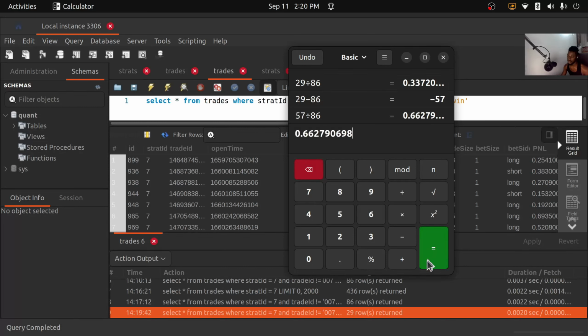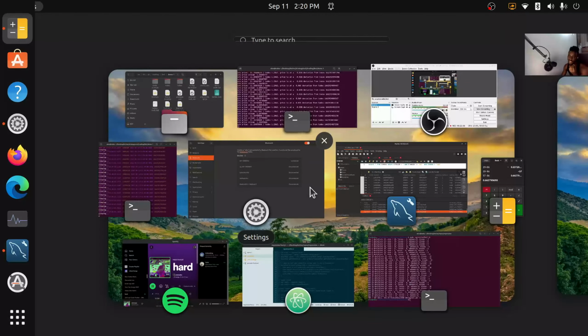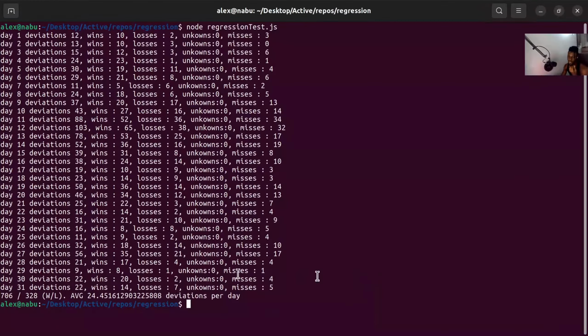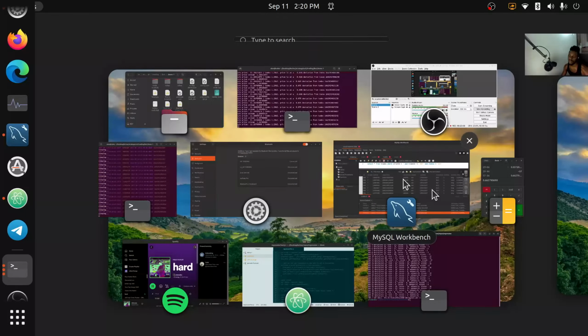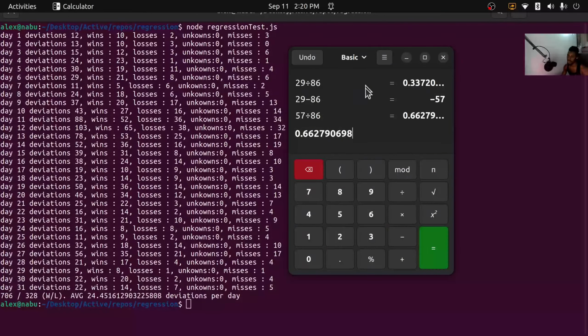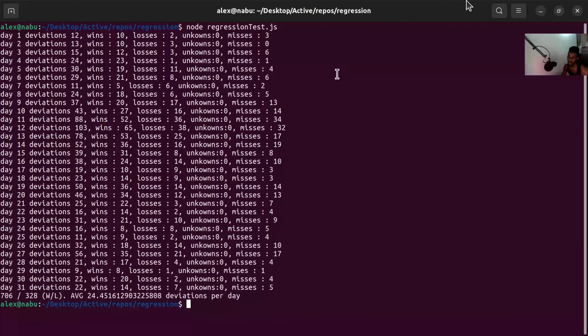That's like 66.2%. When I check the numbers here, the total is 706 plus 328, so 66.2. Remember that.